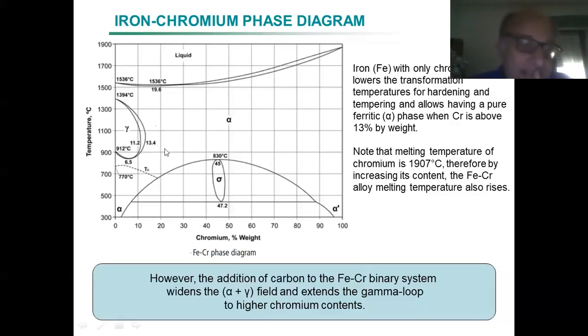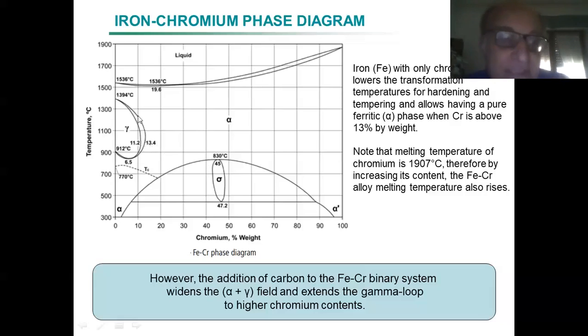On the other side, what happens with the introduction of carbon is that the gamma area and the alpha plus gamma area are expanded. The alpha plus gamma area is that small one between 11.2 and 13.4, and it's not marked because it's too small.